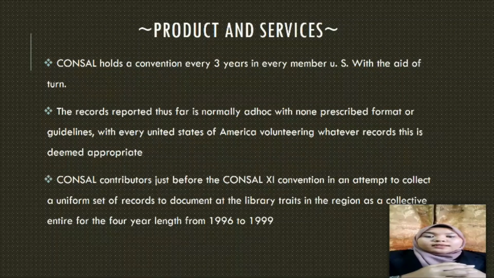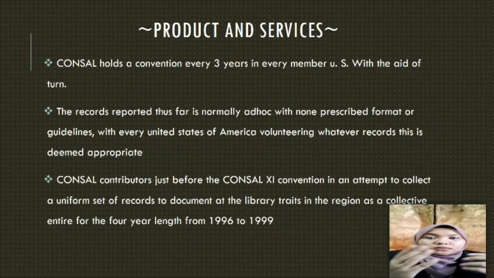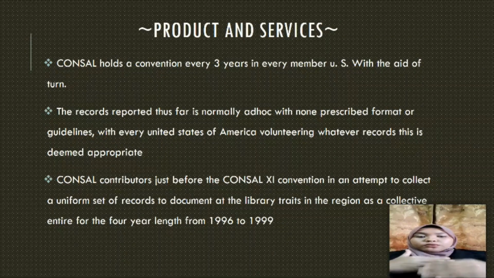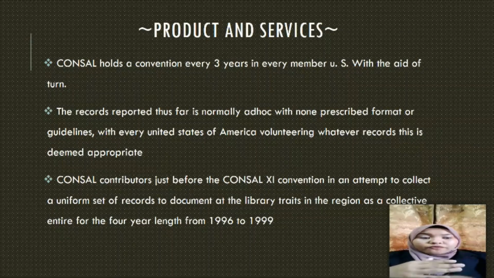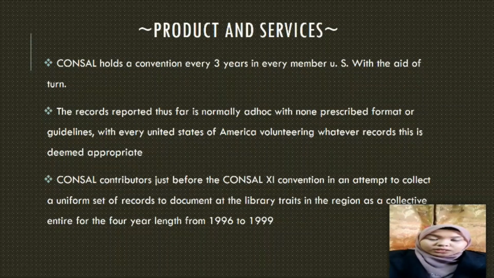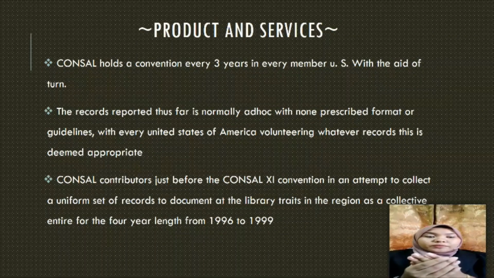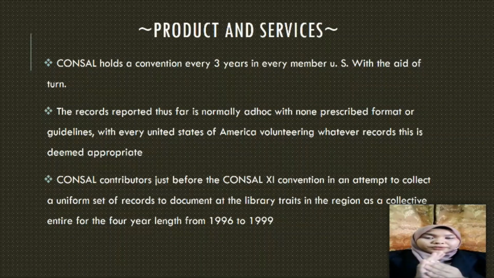Okay, product and service of the council. The council holds a convention every 3 years in every member country, and the reports are normally adopted with a non-prescribed format and guideline, with every country reporting wherever it is deemed appropriate.